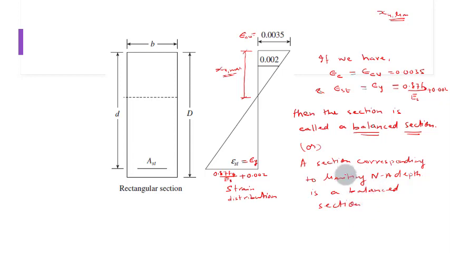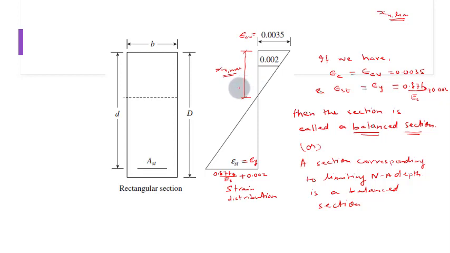So we know we can have a balanced section when strain in steel is reaching its yield strain and even concrete is reaching its ultimate strain value. Then we get the maximum neutral axis depth or limiting neutral axis depth. So corresponding to this, we will be having a balanced section.